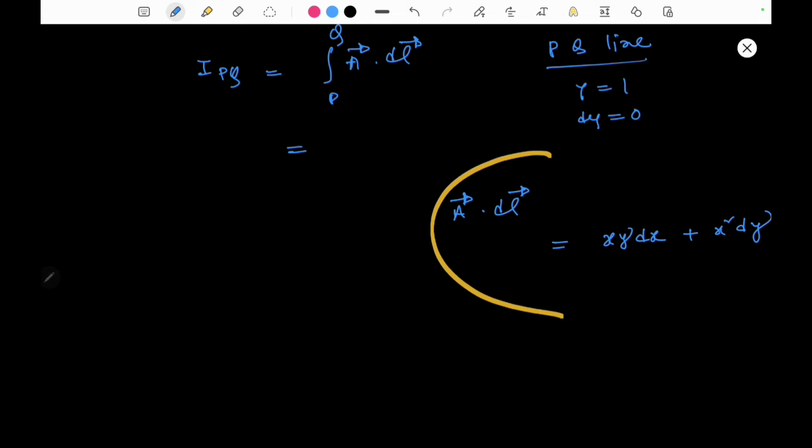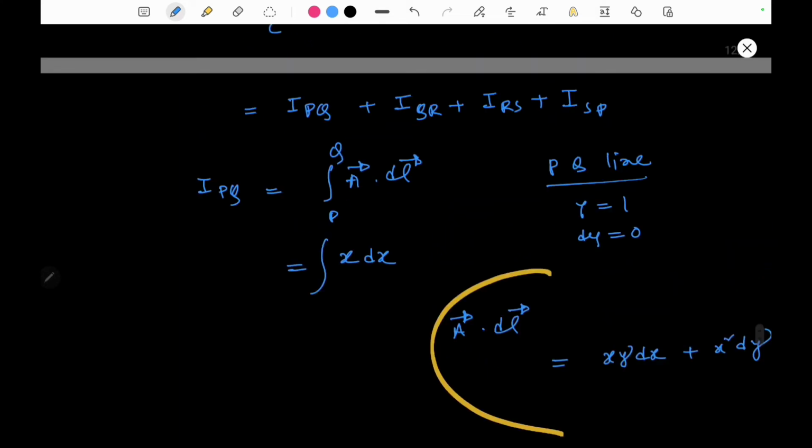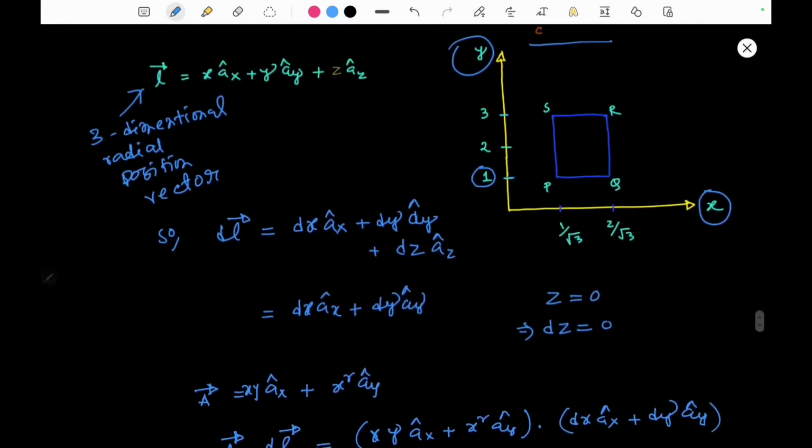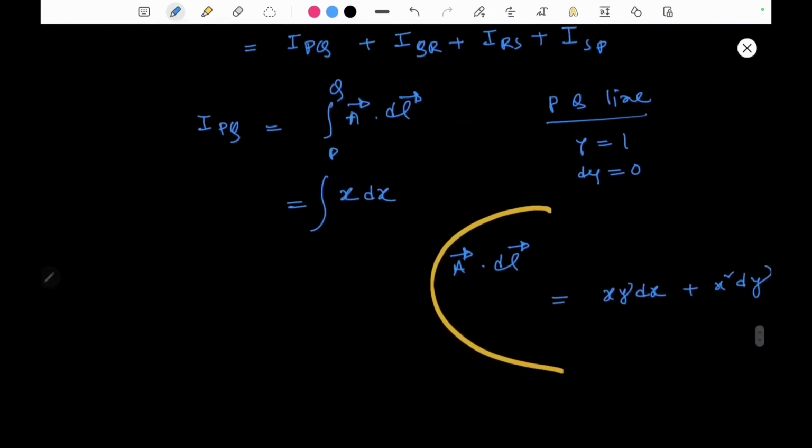Now here A vector dot dl vector, we have written this, but we found that throughout this PQ line dy equal to 0. So dy equal to 0, this part we can neglect, and here in place of y we can write 1. So it will be x dx and integration will be throughout the x, that is P to Q. X is varying from 1 by root 3 to 2 by root 3.